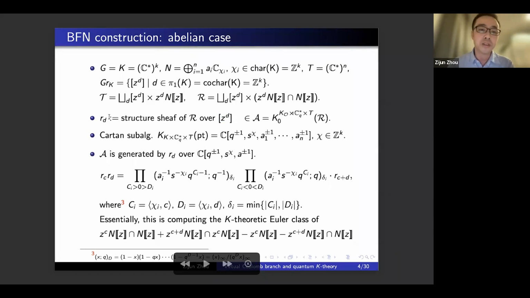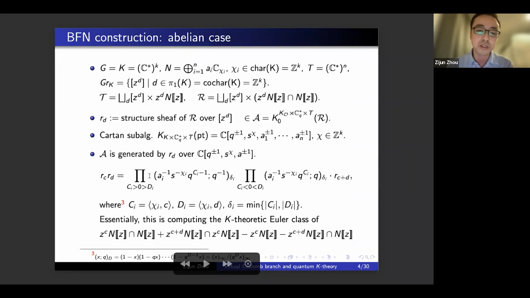So these would be the generators together with the equivariant parameters coming from this group. So as a group, this Coulomb branch A is generated by these generators R sub D over these equivariant parameters. And the relations can be written down explicitly like this.